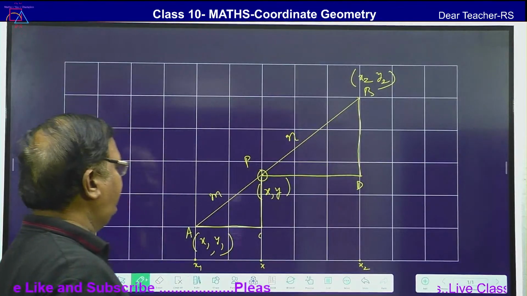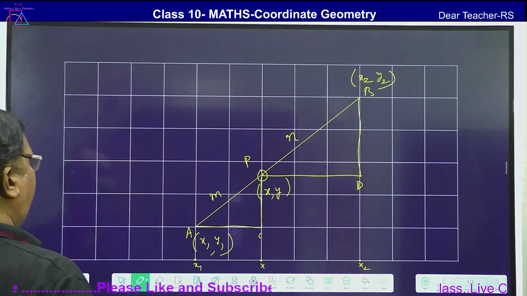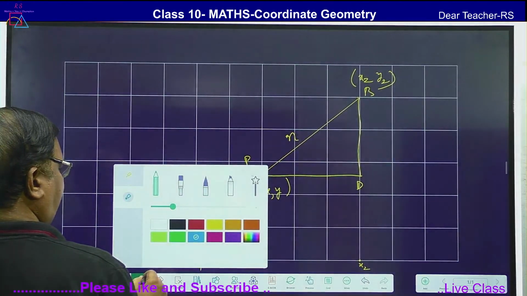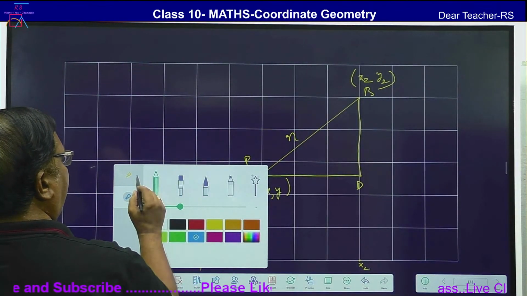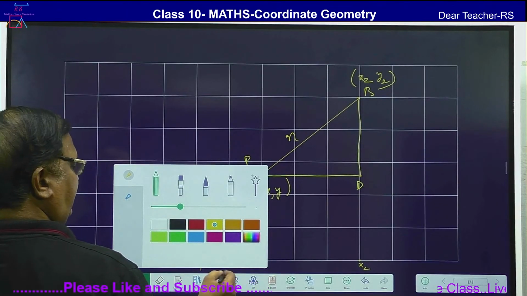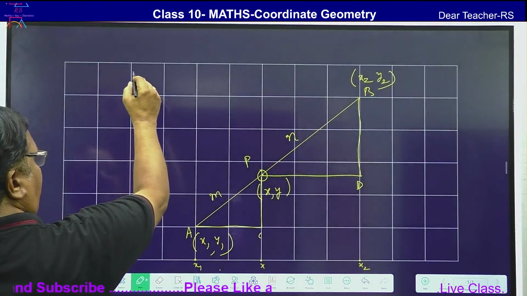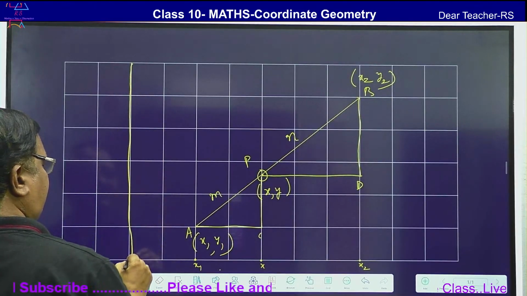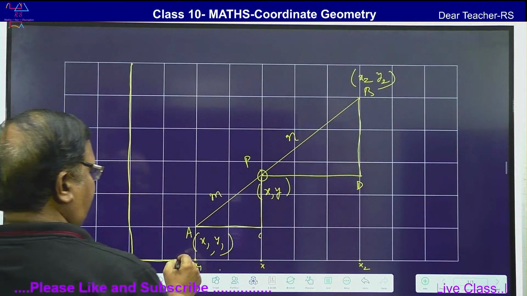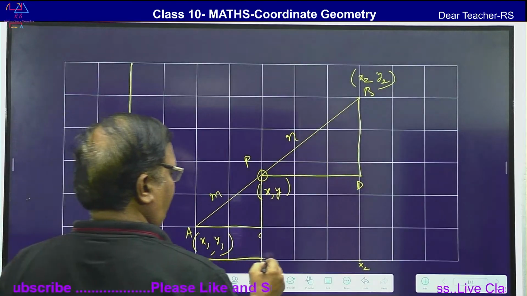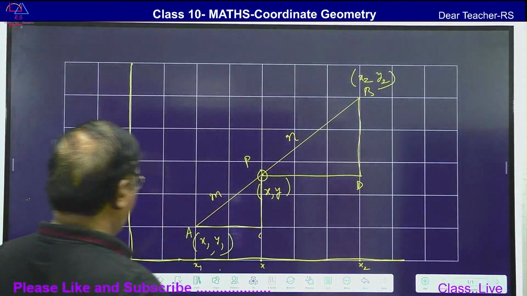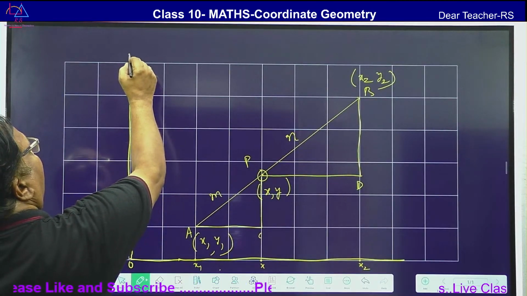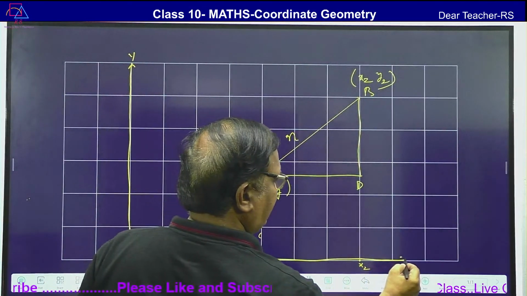So if I draw the x-axis and y-axis here, a little dark, this is the origin, this is the y-axis and this is the x-axis.